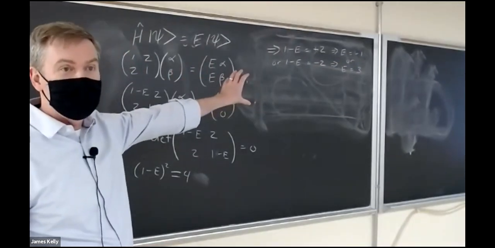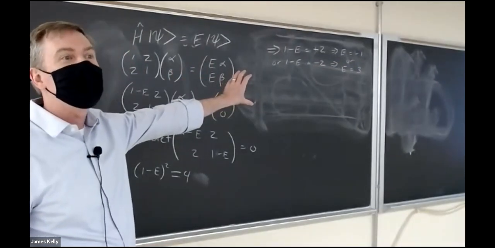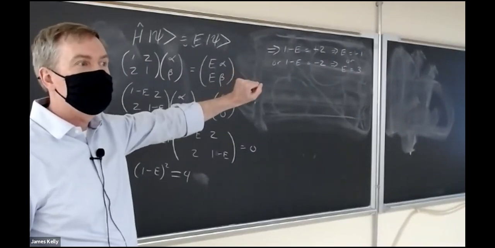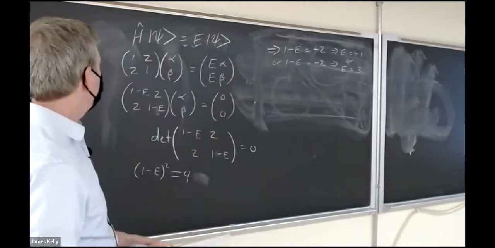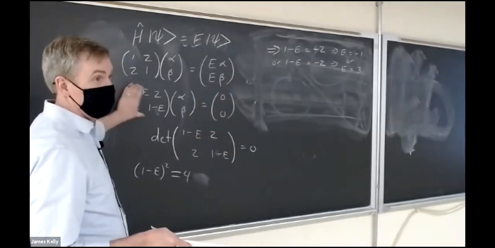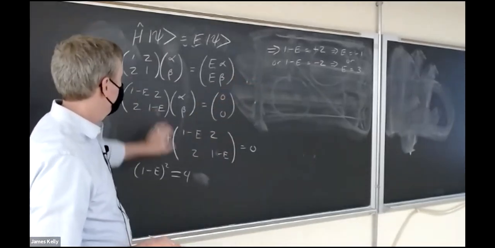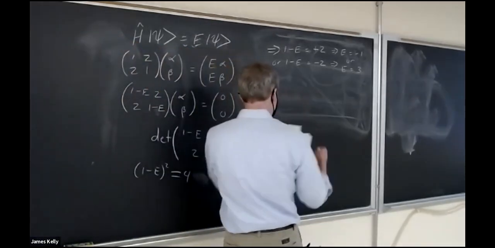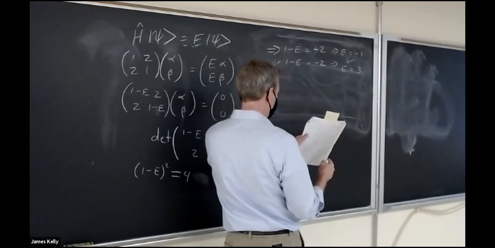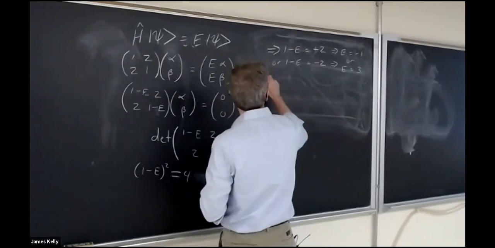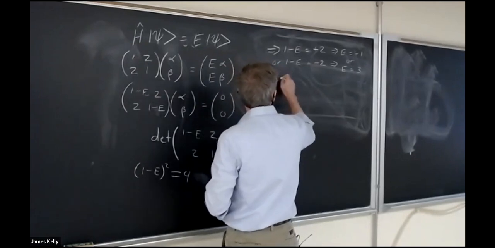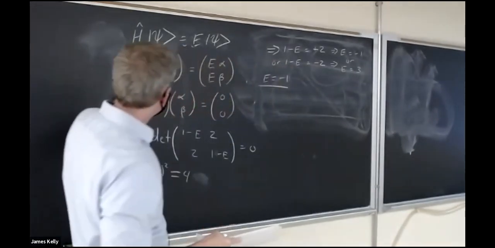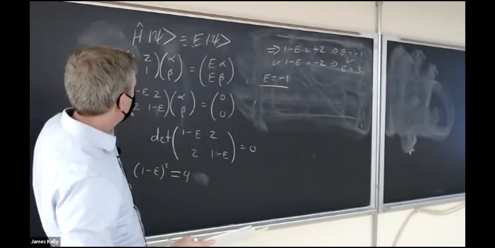And then those of you who are linear algebra people, how do I then find the corresponding eigenvectors? Substitute them back in, into something like this. I could use this equation if I like. So let's take those two values one at a time. Let's take E equals minus 1. I just want to make sure I agree with my eigenvalues in my notes. So let's specialize to the case E equals minus 1, and substitute it into this equation right here.